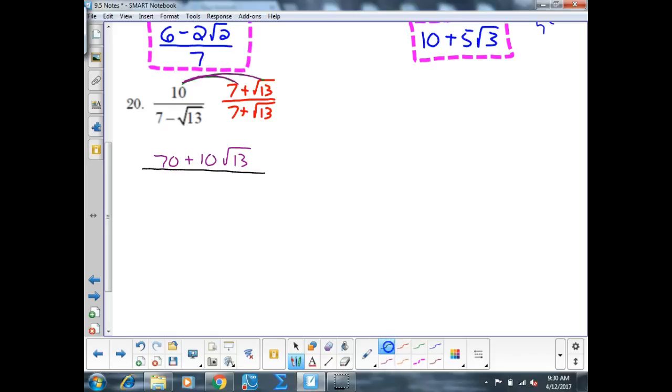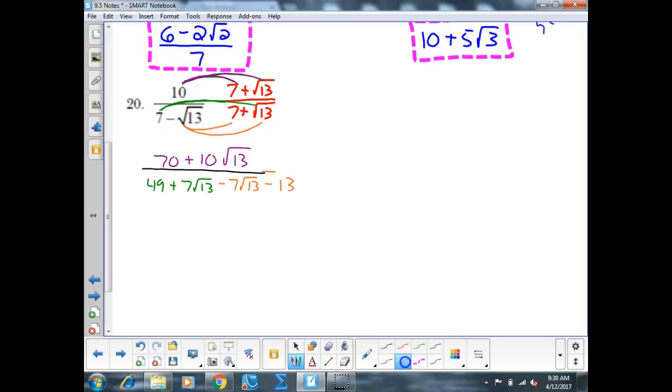On the bottom, I get 7 times 7 is 49, plus 7 square roots of 13, and I get minus 7 square roots of 13, minus 13.